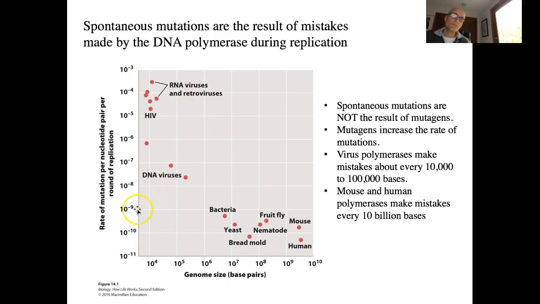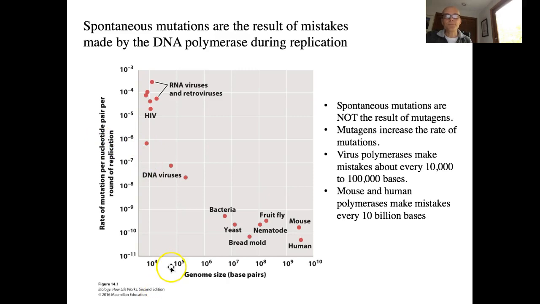So what you see on this graph is the rate of mutation, so how frequently mutations occur, per nucleotide pair, so per site essentially on a genome, per round of replication. So on each site, how likely is it that there will be a mistake?